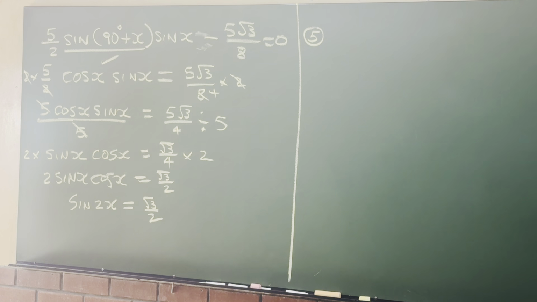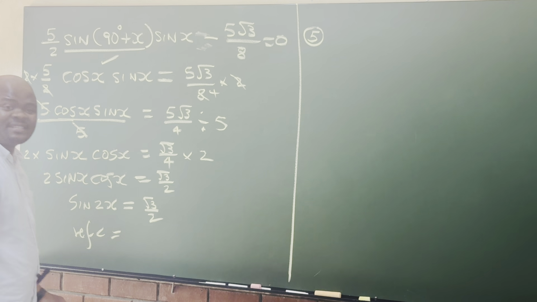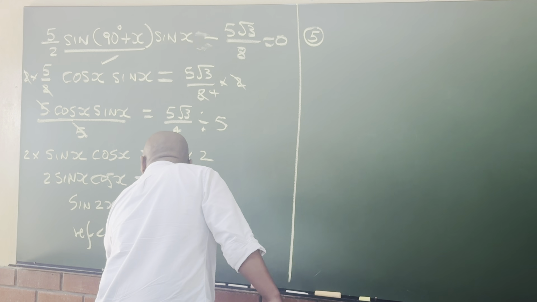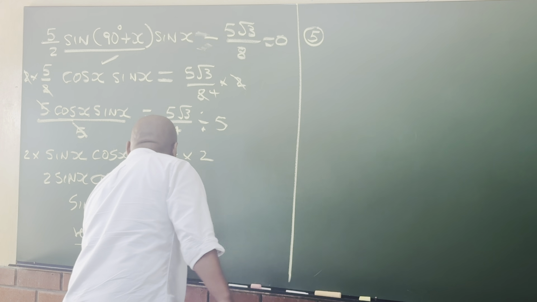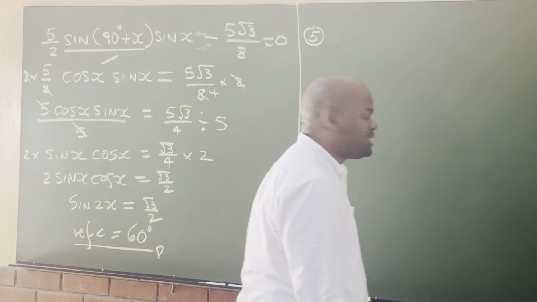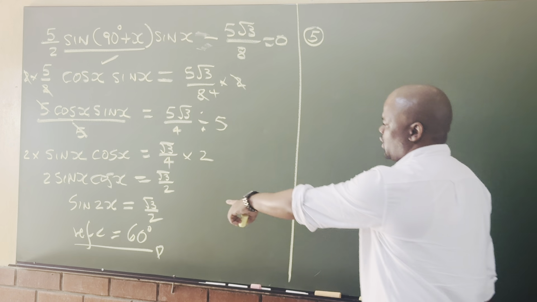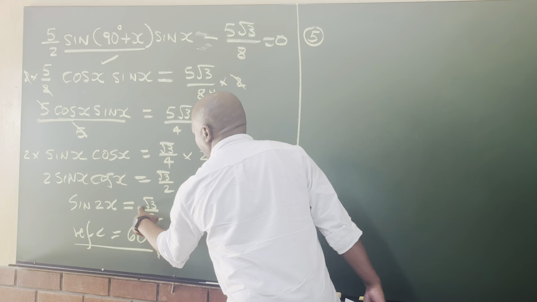And then from here, reference angle. What will be our reference angle? It's 60 degrees. And then from here, we go on and find our general solution. So, which quadrant? First quadrant where sine is positive.